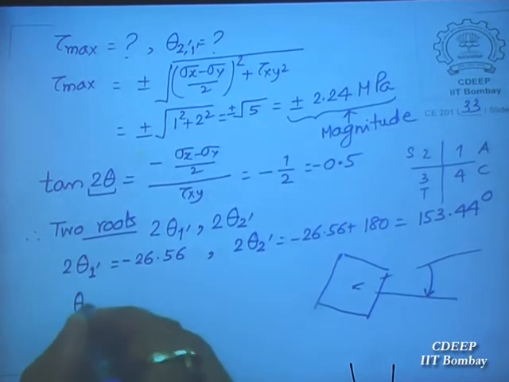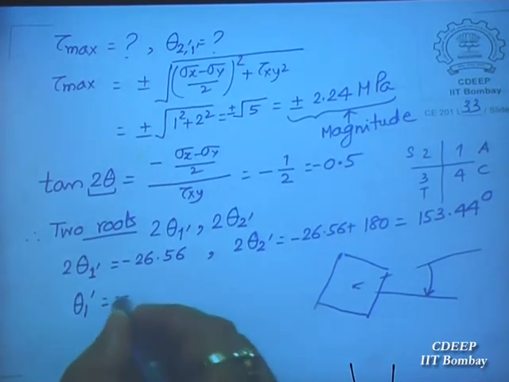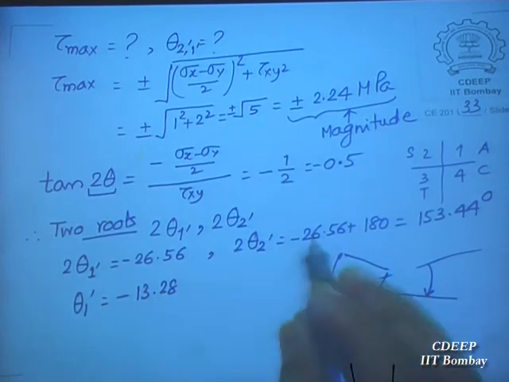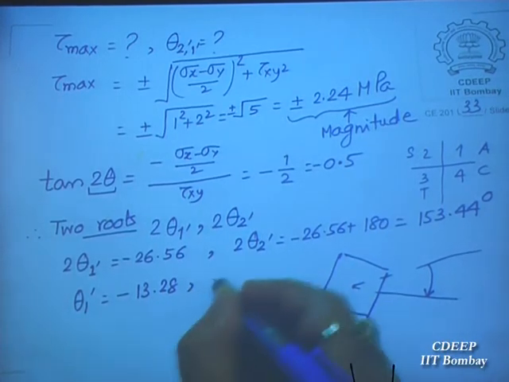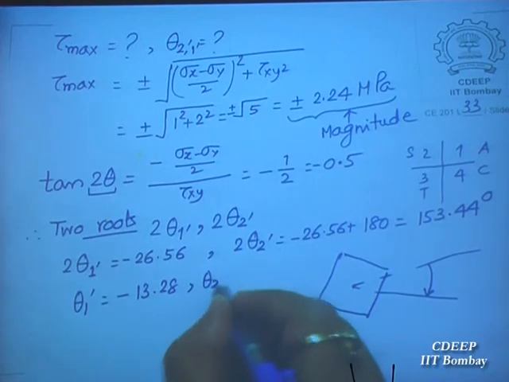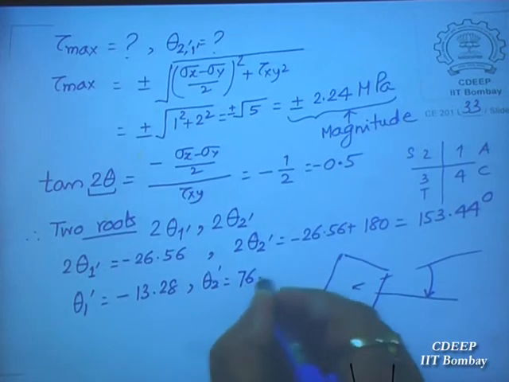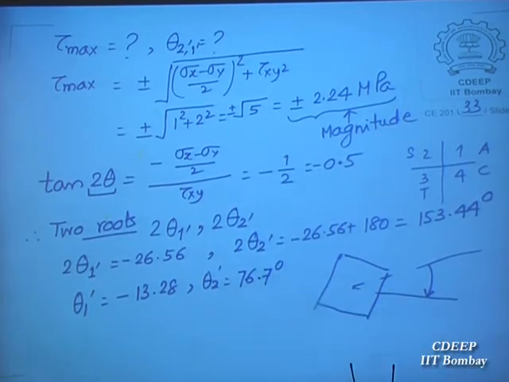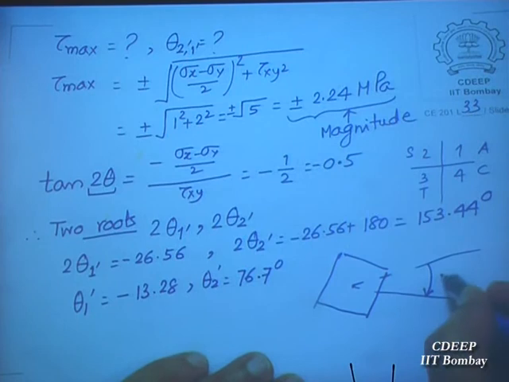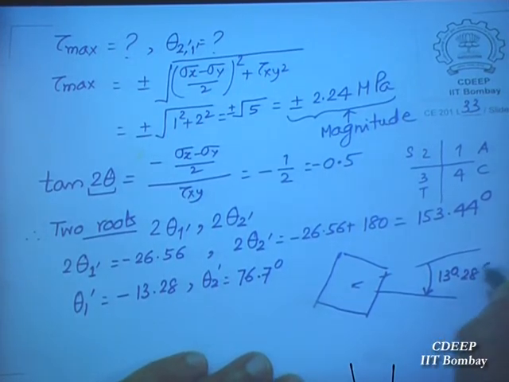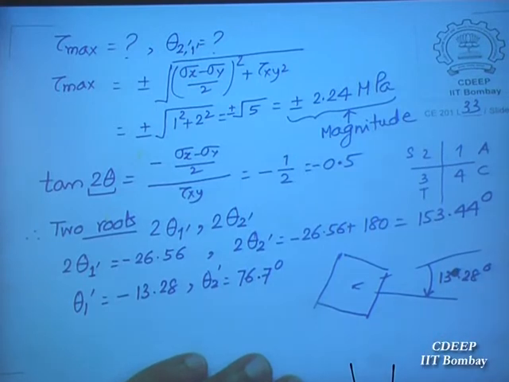So theta 1 dash will be minus 13.28, and theta 2 dash 76.7 degrees. So one is minus 13 degrees, point 28, okay, and the other is plus 180.